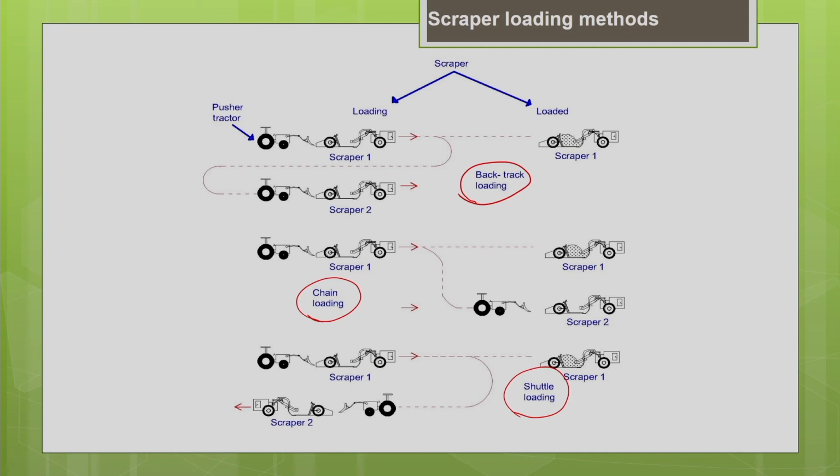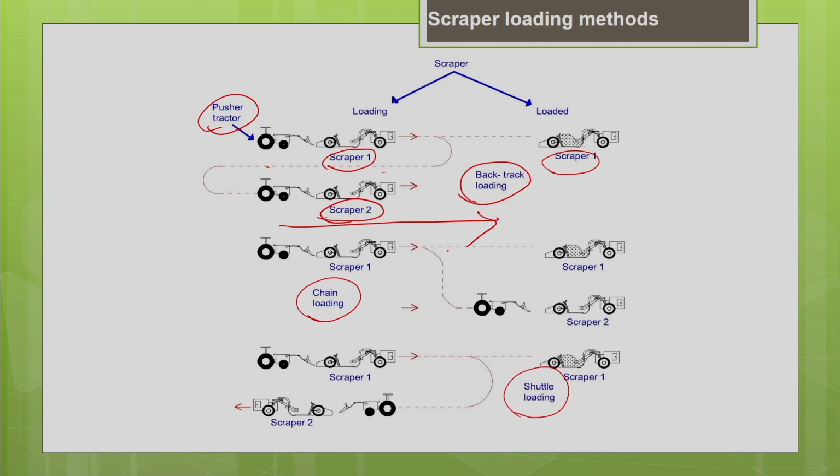First, the pusher is helping scraper 1. The pusher tractor is helping scraper 1 for the loading phase. Once scraper 1 is completely loaded, your pusher will get detached from this scraper and it will backtrack. So once the loading of scraper 1 is completed, the pusher will backtrack, return back and spot the next scraper, scraper 2, and start pushing it in the same direction.